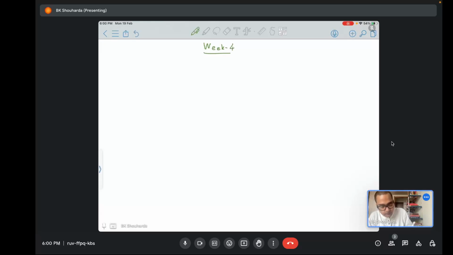Okay, so we are in week 4, and in this week we have delved much more into Fourier transform and some of its properties.